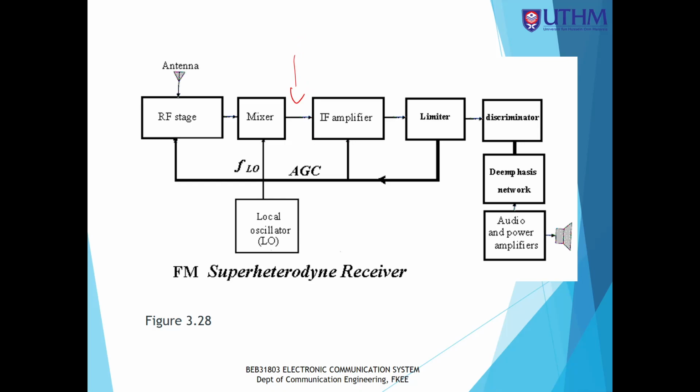So we get the first IF at 10.7 megahertz by standard, and the second intermediate frequency centered at 455 kilohertz, also by standard. So we have two intermediate frequencies: 10.7 megahertz for the first, and 455 kilohertz for the second.